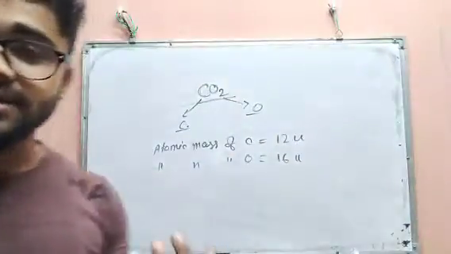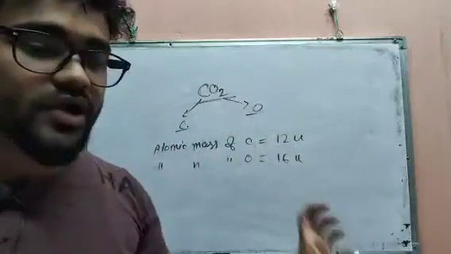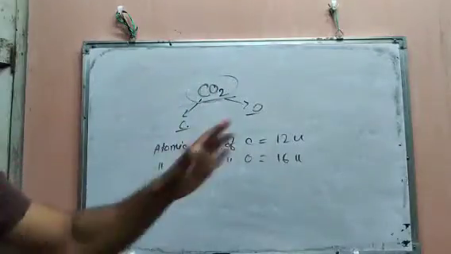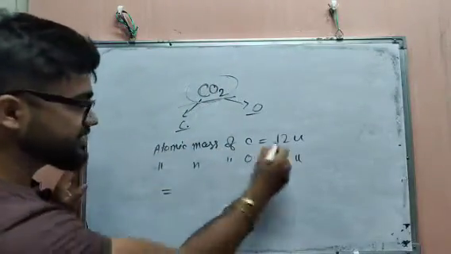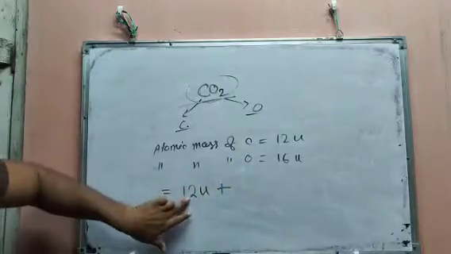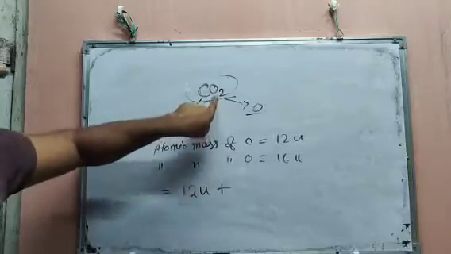Now if you are asked to find the molecular mass of this molecule, what do we need to do? 12 U is okay, because there is 1 carbon. But how many oxygens are there?